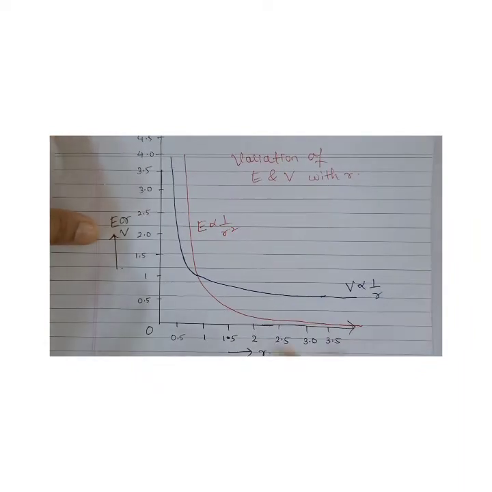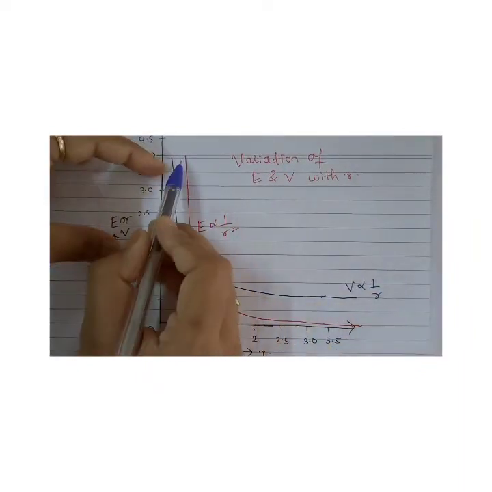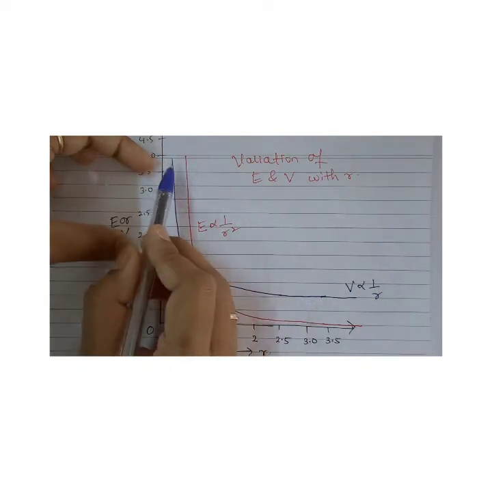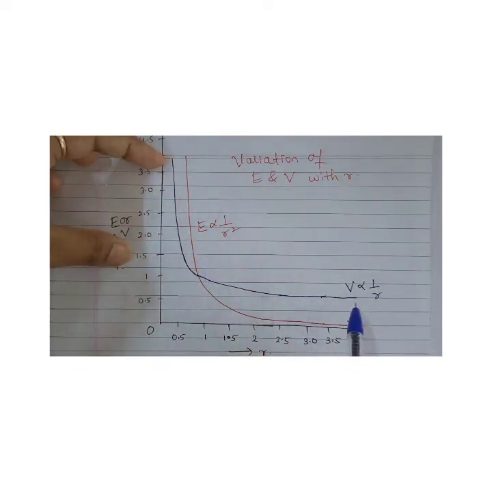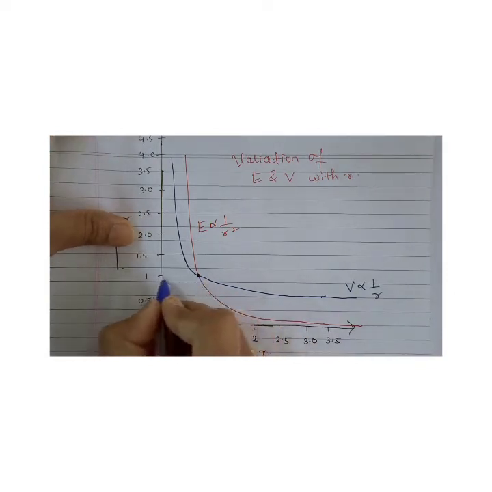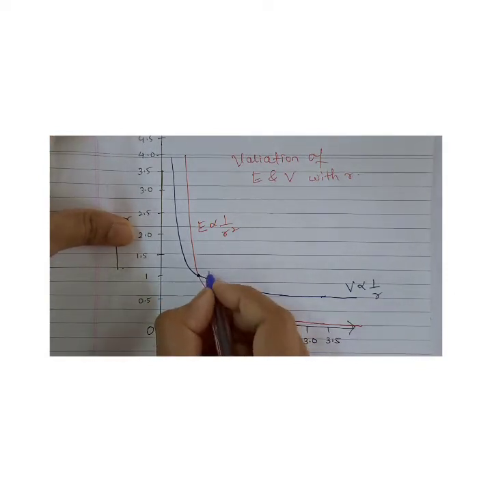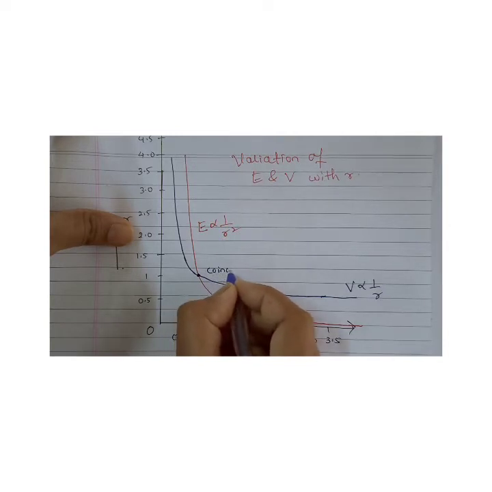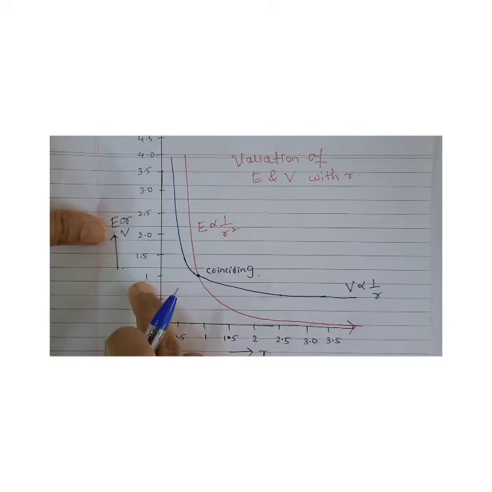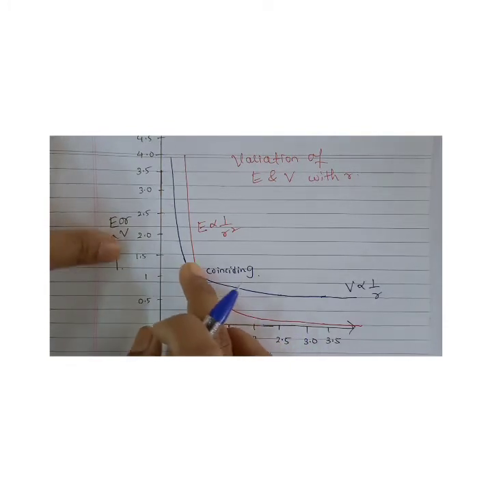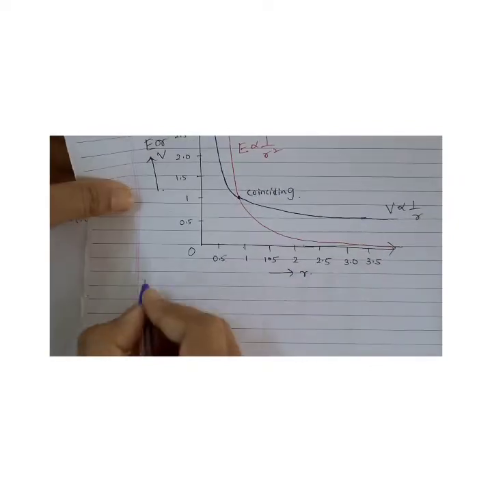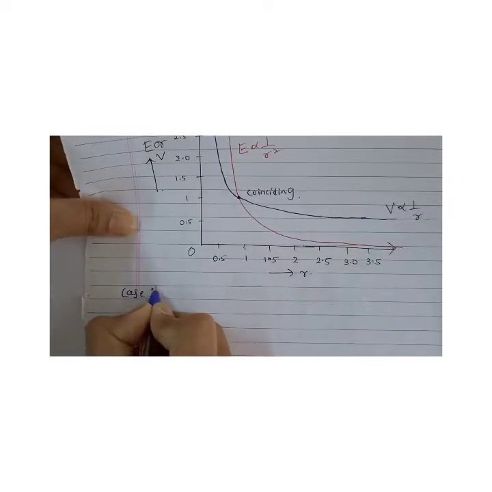The red color indicates the plot of electric field, and blue color indicates the plot of potential. You can see from this graph that at one point both are intersecting, coinciding. That means the E value and V value are equal at R equal to 1. That would be our case 1.